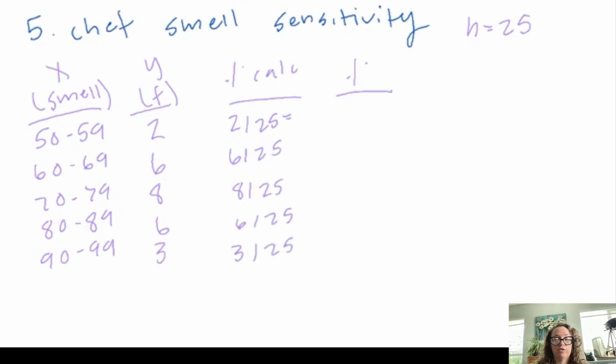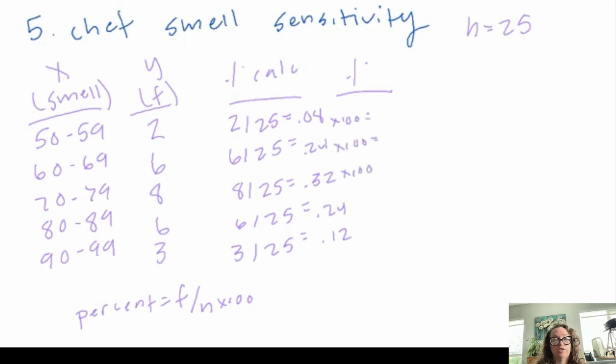Remember, we have that little calculation that looks something like percent is equal to frequency over N times 100. We're just getting a proportion of how frequently each occurs out of the total number of data points, and then we're turning that proportion into a percent. So let's see what we get here. We should get some values that look something like this. And we're going to multiply each of these by 100 to get our percentages.